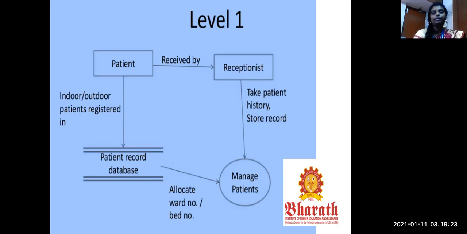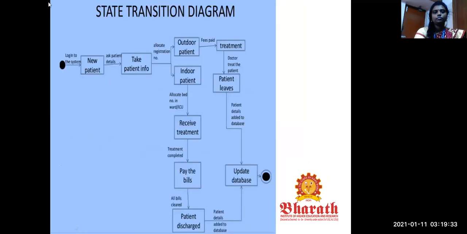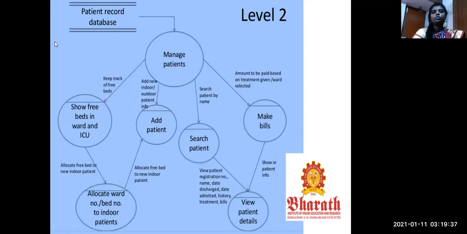So this is about level 2, and we'll move on to level 3. Sorry, level 2. So here, for the inpatient and outpatient, what all things they are going to do, that's about level 2. So from manage patients, it has been branched into 4 different parts, right?